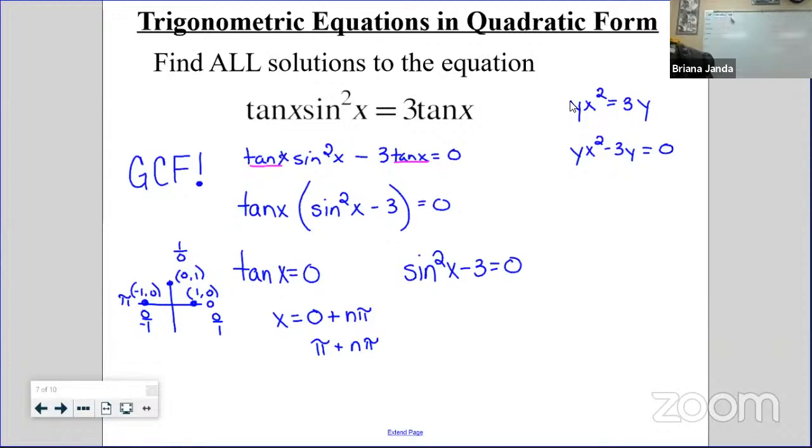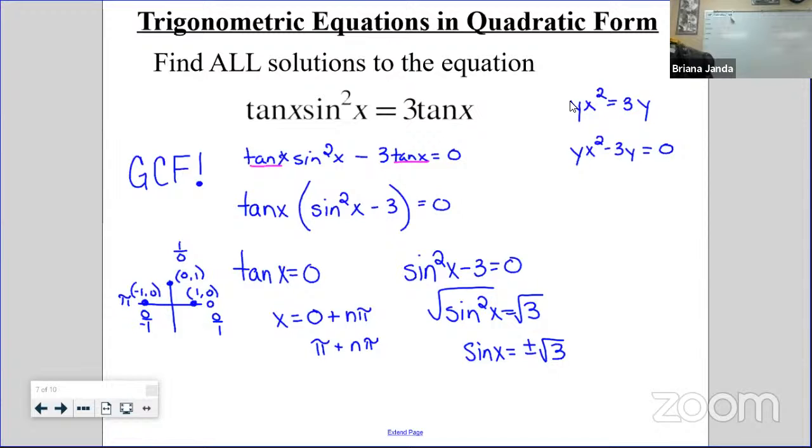Okay, the second thing I want you to get out of this example is what's going to happen with our other problem. It should start confusing you at about this point right here when I go to square root this and I get that the sine of x equals plus or minus the square root of 3, and I am not finding something on my unit circle where sine of x equals the square root of 3.